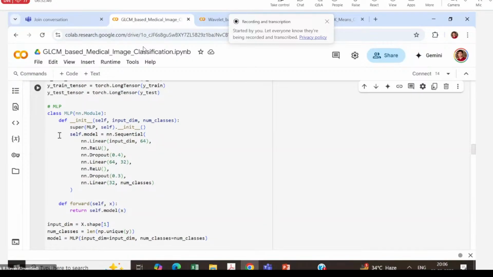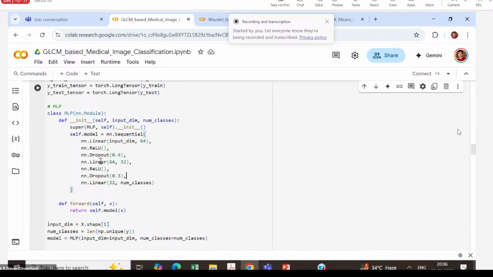No need to go for PyTorch to implement the traditional neural network. But in this case, I have chosen PyTorch libraries to design the traditional neural network, where you can see the input dimension will definitely be 5. The first hidden layer will have 64 neurons, then 32 neurons, followed by 3 neurons, right?